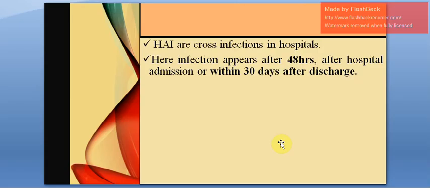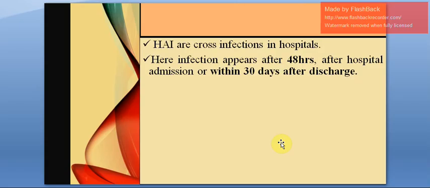Endogenous infection means it occurs when some of the patient's flora gets altered and an overgrowth is happening. So that is referred to as endogenous infection.